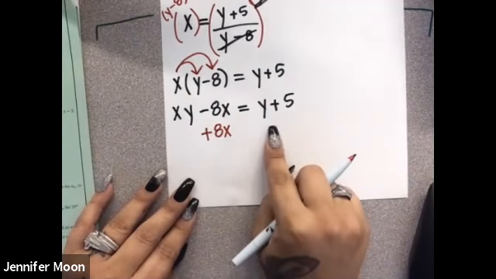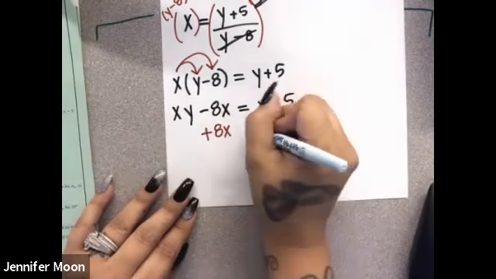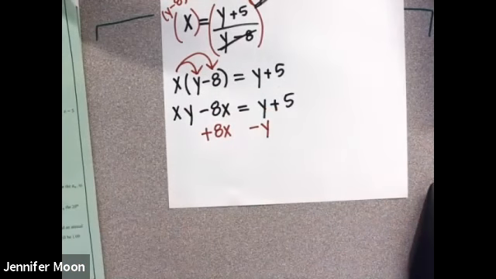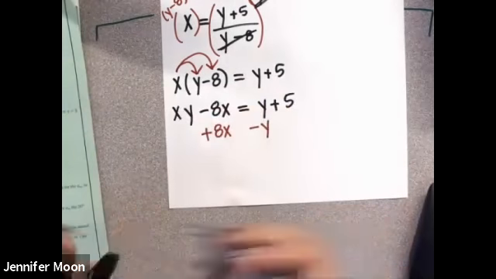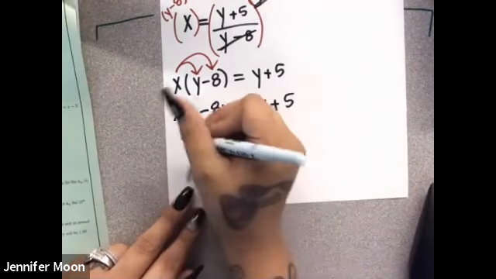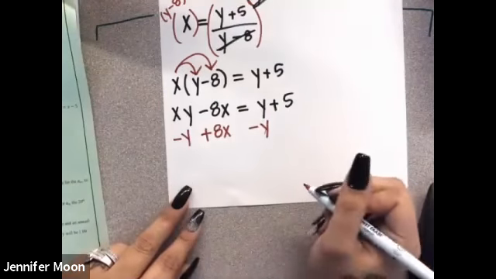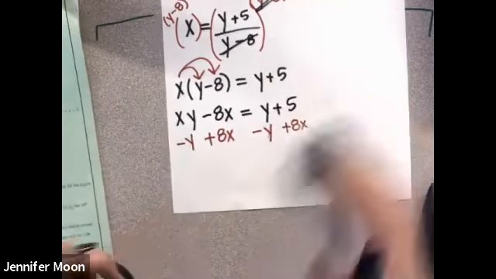And I need this y to move because I need my y's together. So let me do this to really show you. If I'm subtracting it from one side, I'm also subtracting it from the other, right? And if I'm adding 8x here, I'm also adding 8x here.